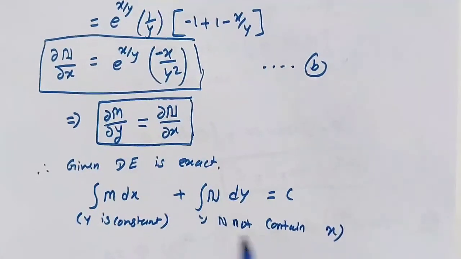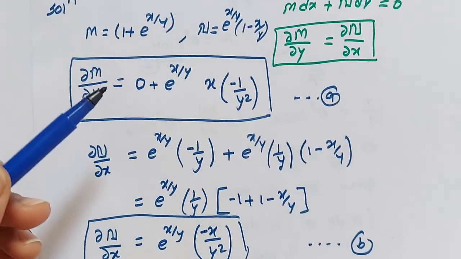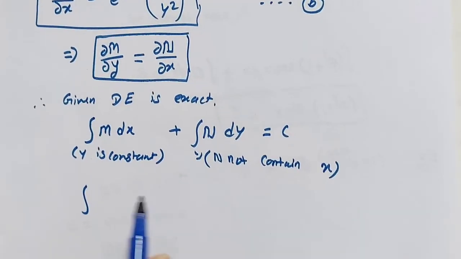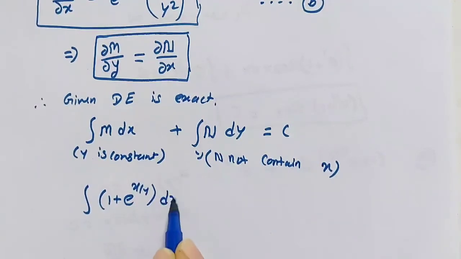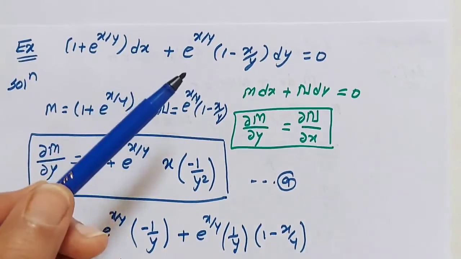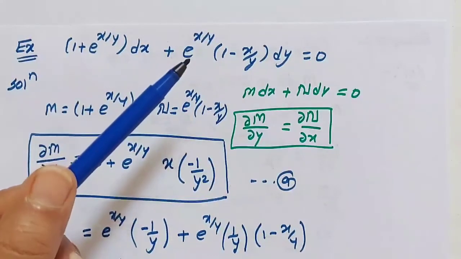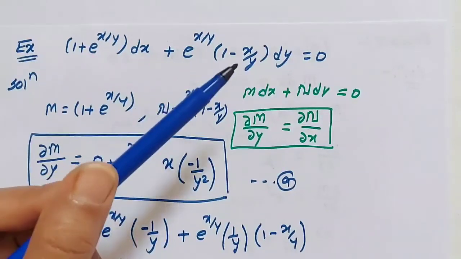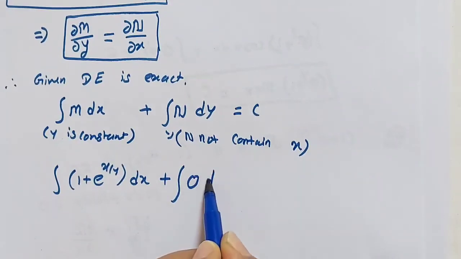So now see here, the integration of M, that is 1 plus e raised to the power x by y, dx, plus the integration of N. In N we have to take the terms without x. But here e raised to the power x by y contains x, and if we multiply by this term, then every term contains x. So there is no term without x. So here it is 0 dy equals the constant c.